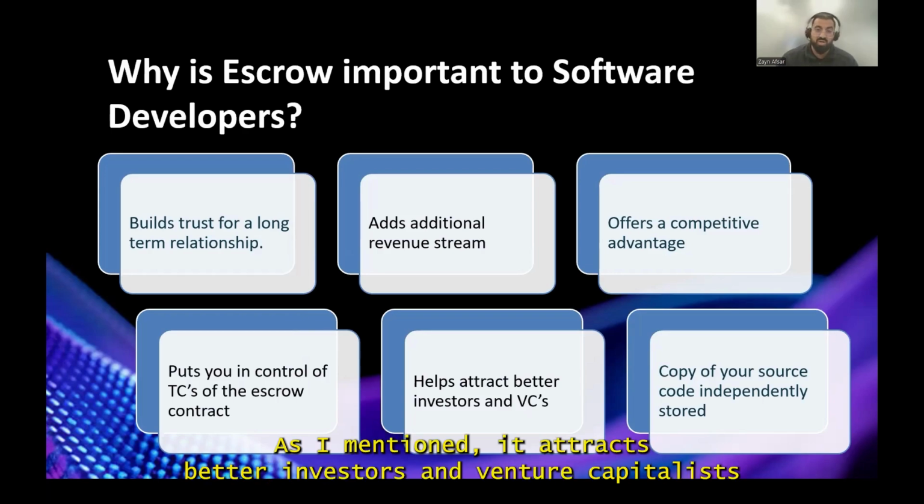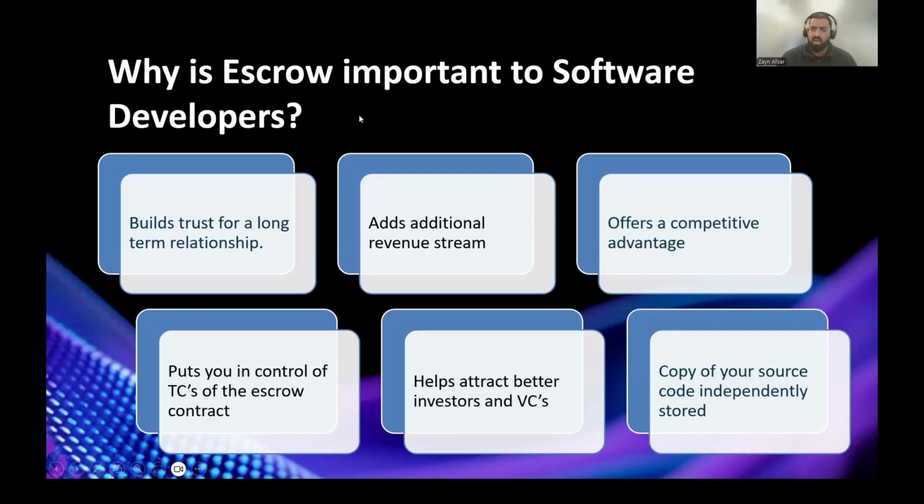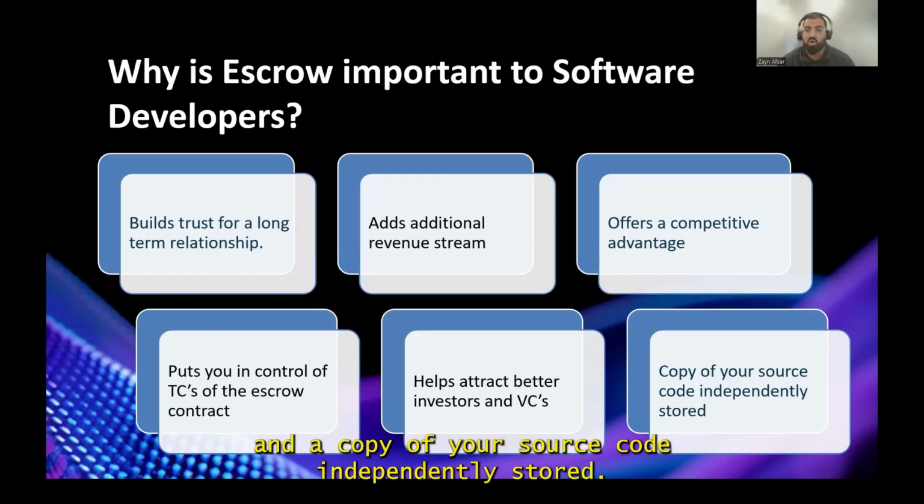As I mentioned, it attracts better investors and venture capitalists if that's something that you're looking for or potentially exploring moving forward. And also, you have the ability to have independent access and a copy of your source code independently stored.